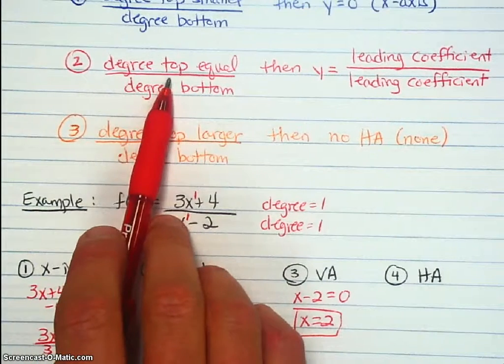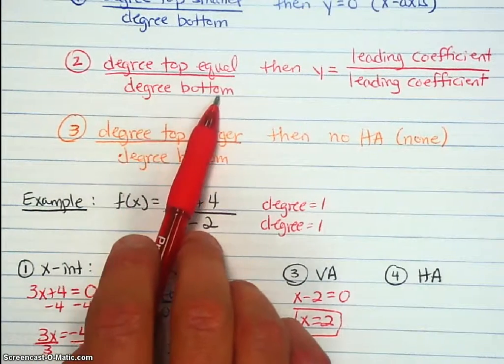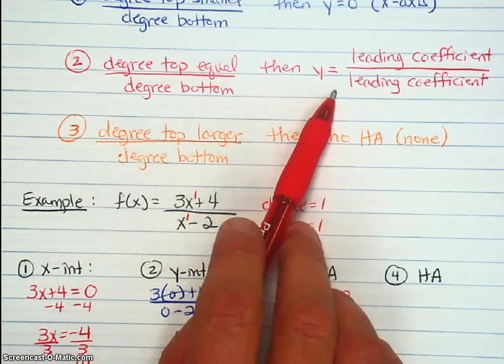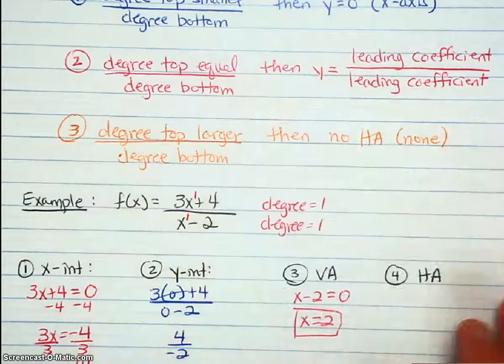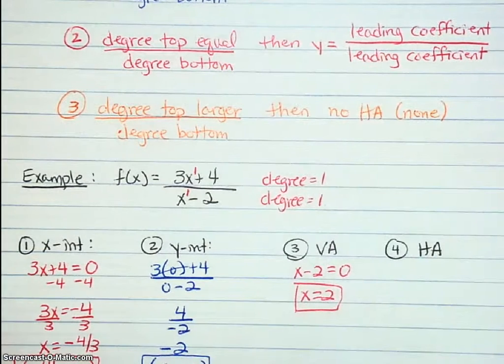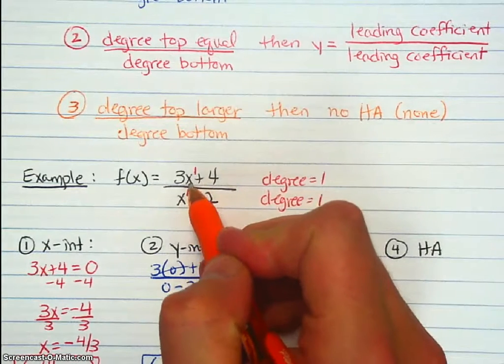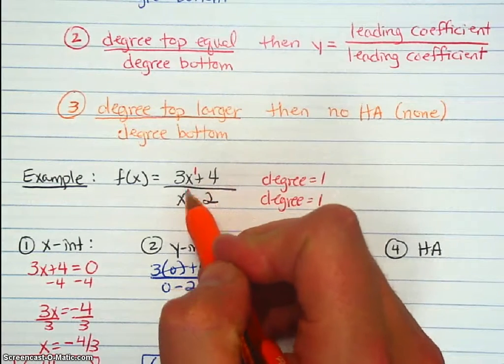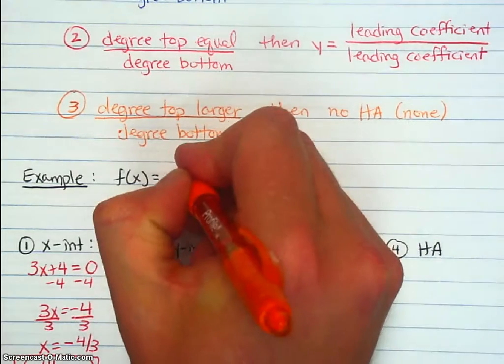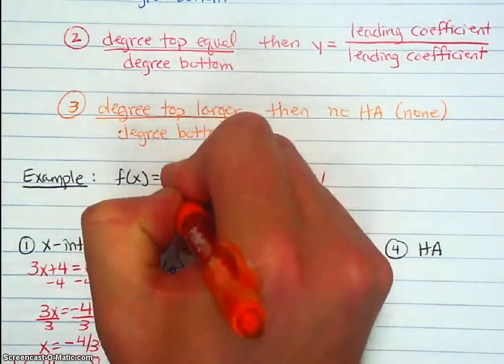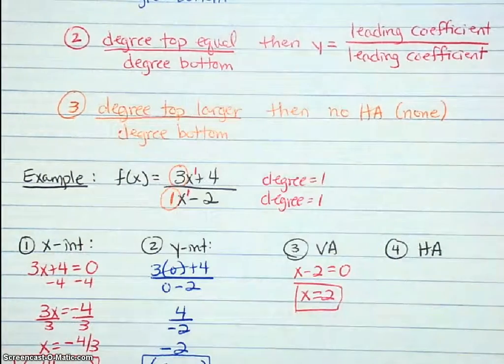The degree of the top is equal to the degree of the bottom. And it says what I do to find my horizontal asymptote is I divide the leading coefficients. Well, the leading coefficients are the numbers that are in front, or the coefficients of these x's. So the coefficient for this one is a 3, and the coefficient for this one is a 1.